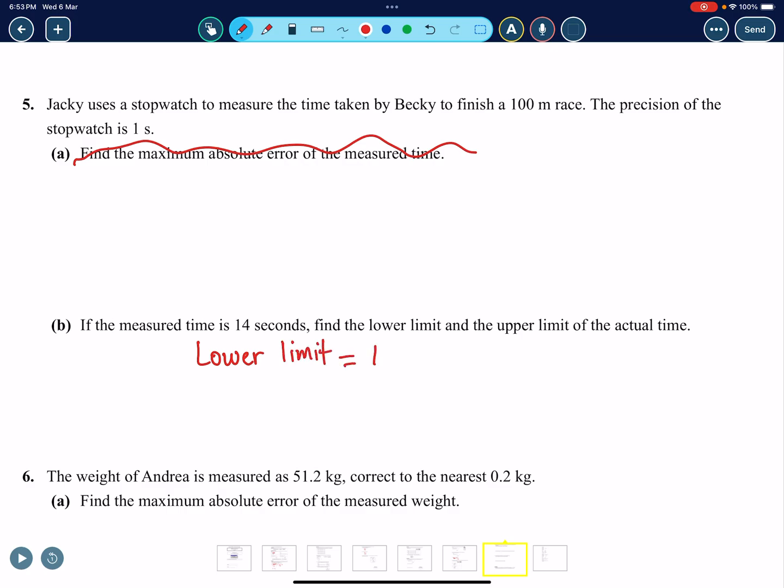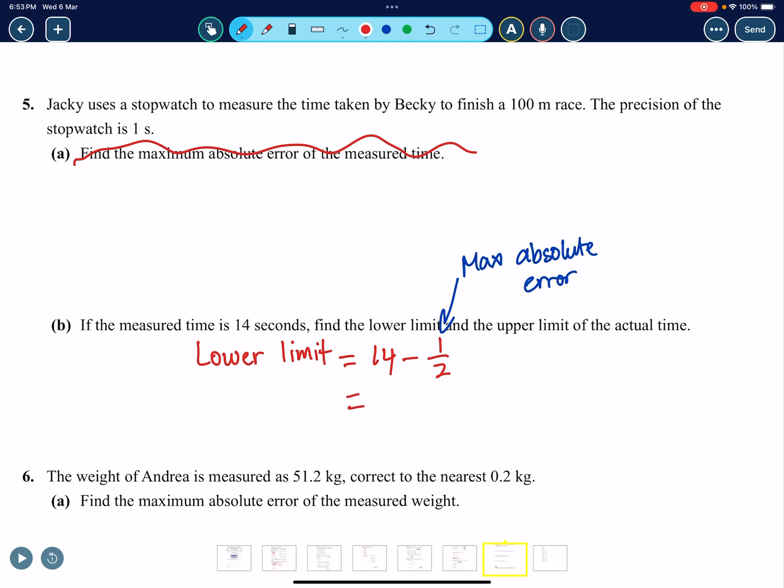The interval is 1, so half of that, 1/2, is going to be the maximum absolute error. That's the maximum error you can have.